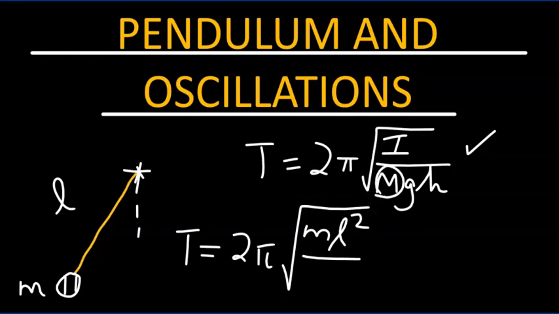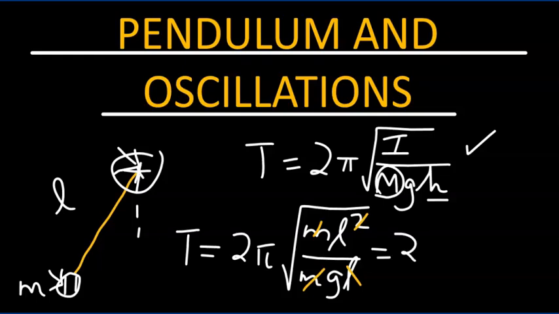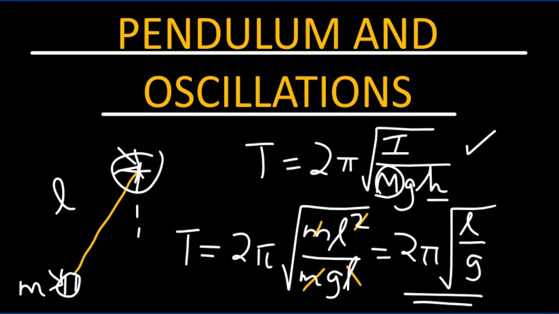Divide by the mass of the system, in this case the mass of the bob, little m, gravitational acceleration g, and h is the distance where the center of mass is. In this case the center of mass is where the bob is, and the axis of rotation. So the distance h in this case is L. So you see m goes away, this L will cancel that L, and you get the familiar looking equation for the period of a simple pendulum: 2 pi times square root of L over g.